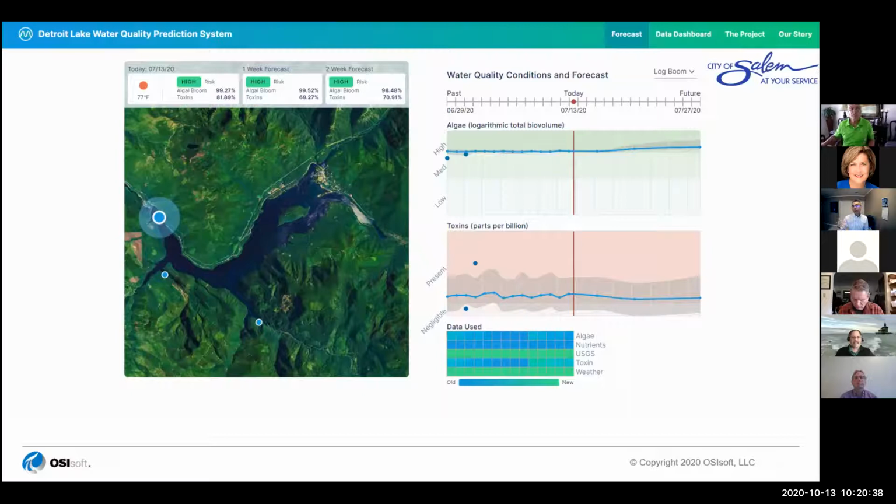It forecasts out 2 weeks in advance, and they're going to have monthly forecasts as well. I think they're bringing in 8 different sources of data altogether to create these forecasts, which have been very accurate and very important for their constituents in the area.